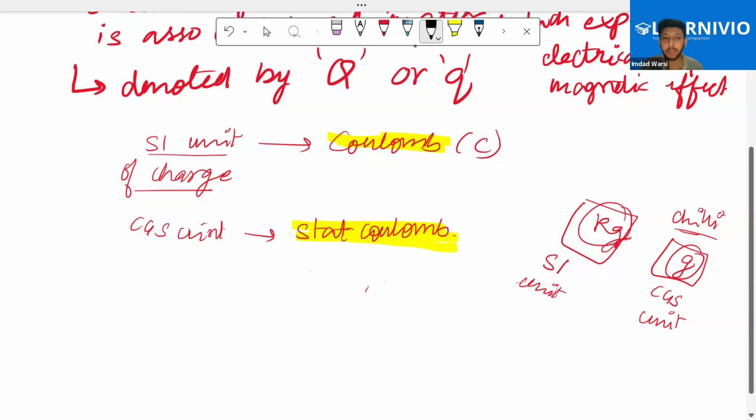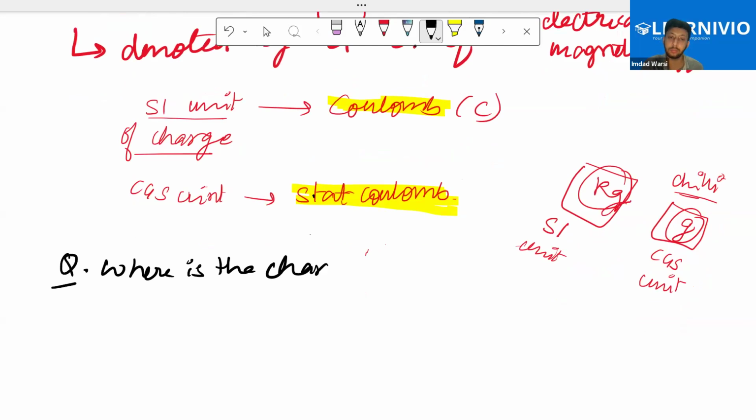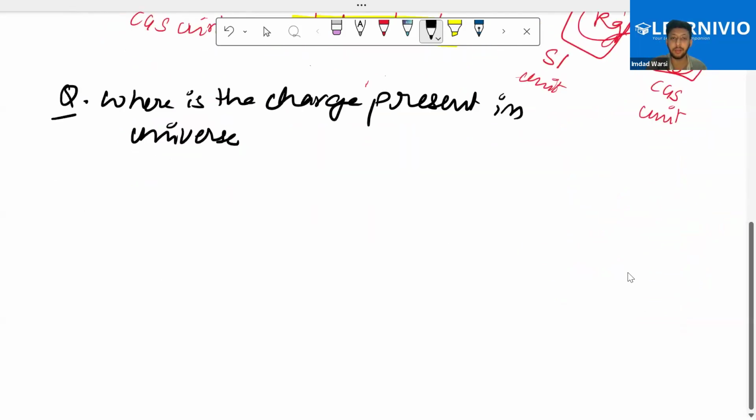Now we are talking about charge. So where is this charge present in the universe? We're talking about our universe. Like we're talking about charge, but how is this charge present?